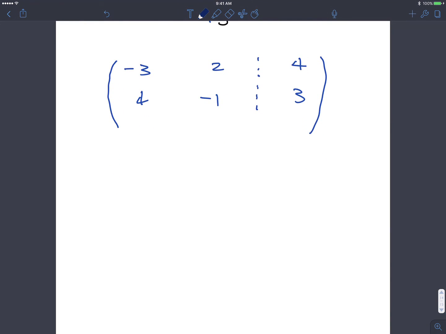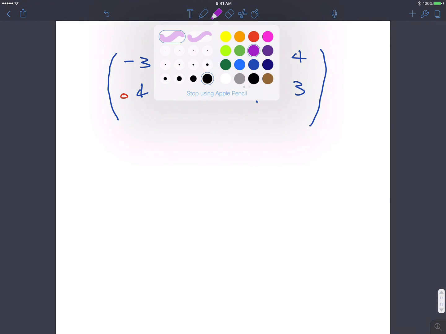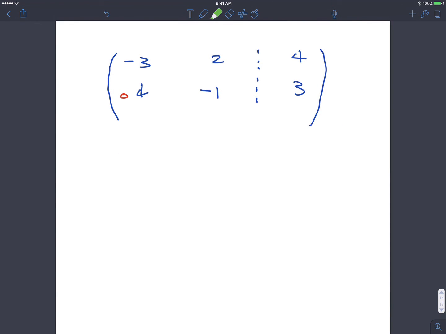Okay, remember, we want to get a 0 in this entry. So this problem is a little different because if you notice that these two numbers are not multiples of one another, like some of the examples we had prior.